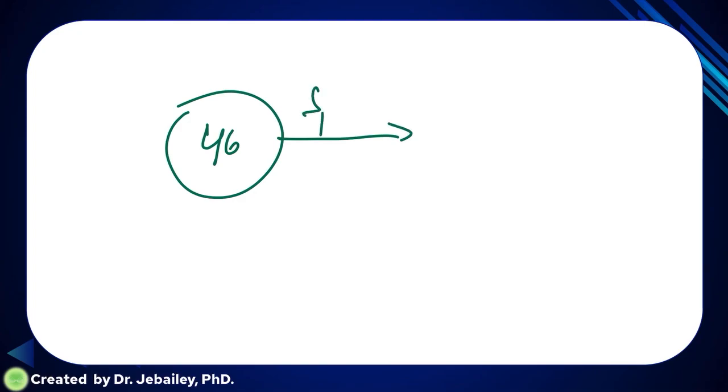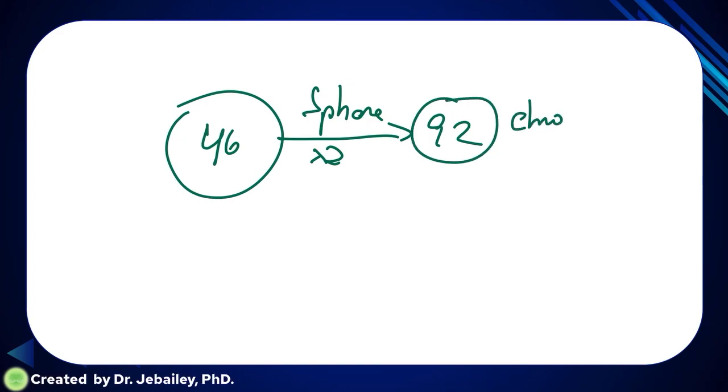So here I'm going to show you a concept. Just imagine that we are actually made of 46 chromosomes, right? And when we go through the S phase, we duplicate them, and that means we end up with 92. Now, what exactly are these 92? They are known as chromatids.